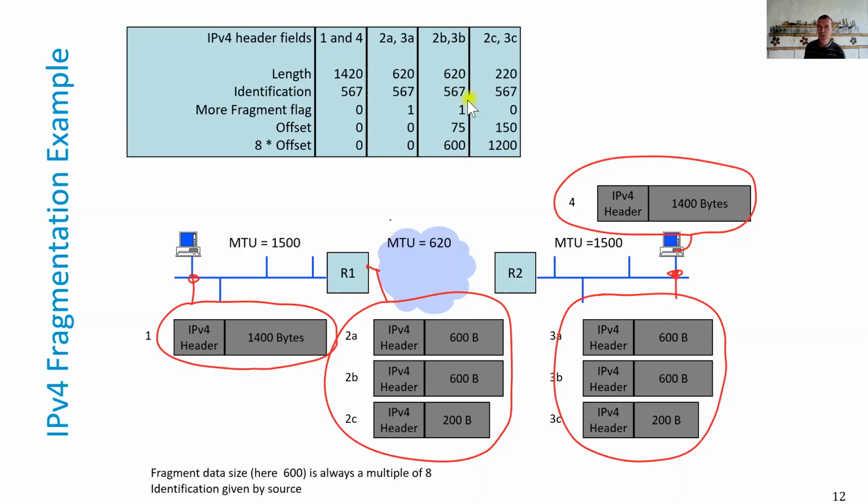And there is a more bit, which means it is not the last one. Assume after that I receive fragment A: the offset is 0, so I will reconstruct the first part of the original datagram. And hopefully sooner or later I'll receive fragment C, which will have an offset of 1200 and the more bit equal to 0.